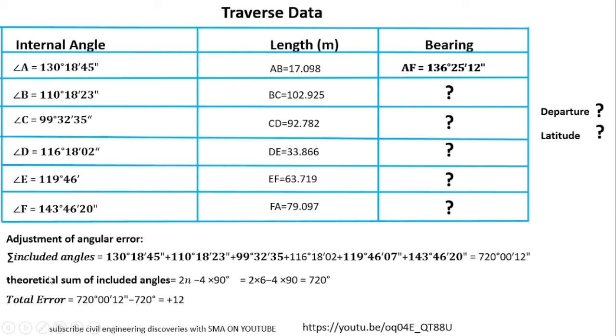Total error will be the summation of included angle minus the theoretical sum of included angle, so plus 12 seconds is the total error. So we will subtract 12 seconds from all the included angles A, B, C and so on, so that will be 12 divided by 6, so we will subtract 2 seconds from each.